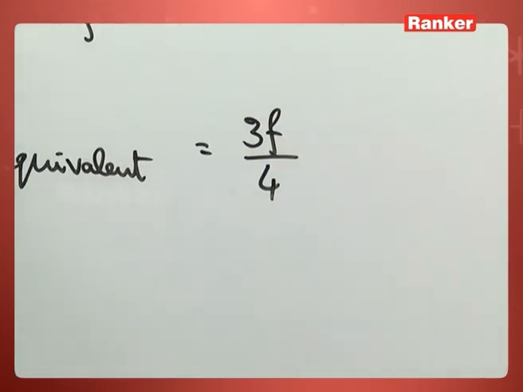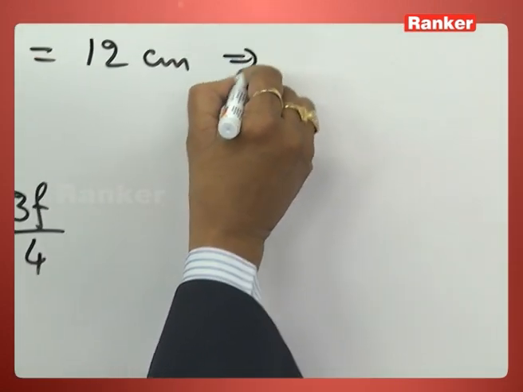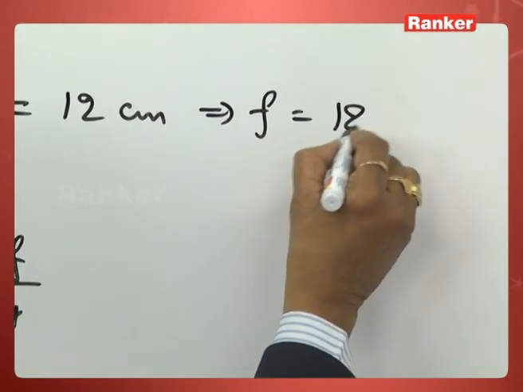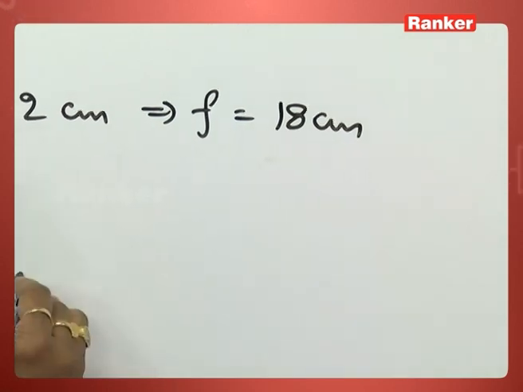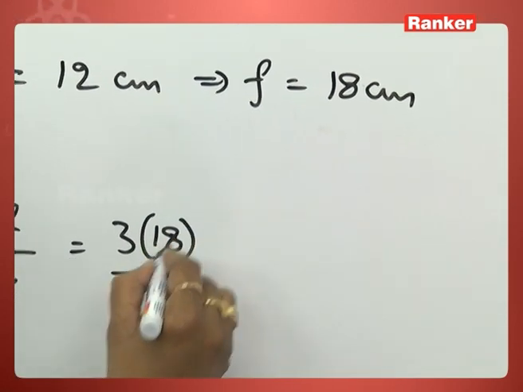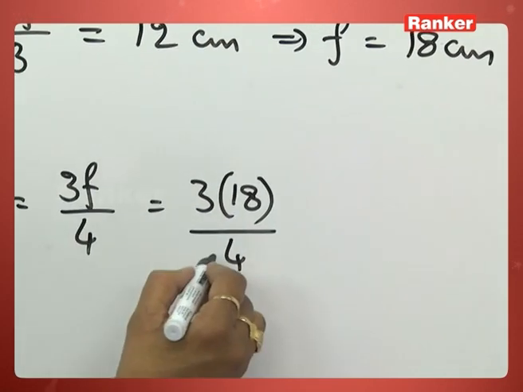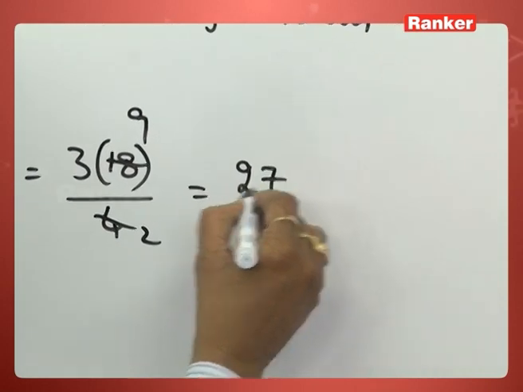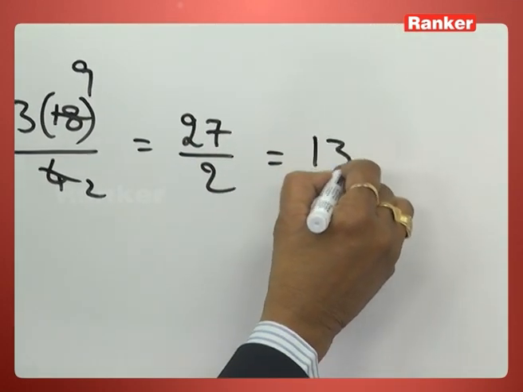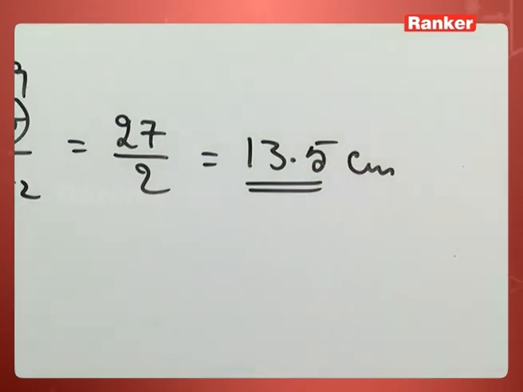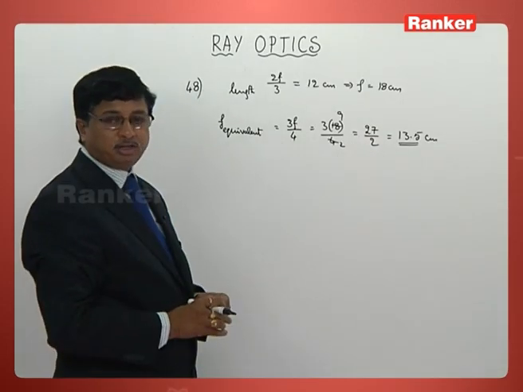Equivalent focal length, how much is it going to be? 3f by 4. So, first of all f will now become 18 centimeter. So, write that value 3 times 18 by 4, which is 27 by 2, which now becomes 13.5 centimeter. So, what is the correct option over here?